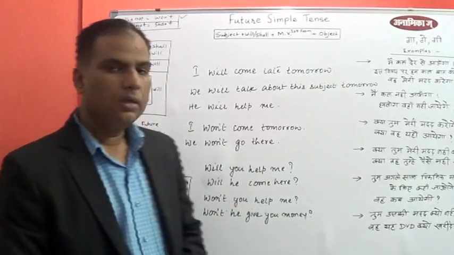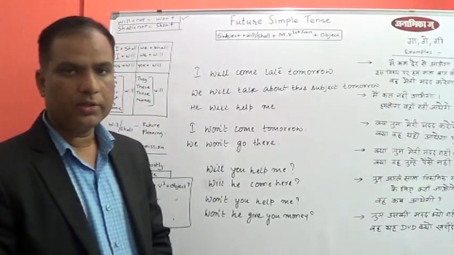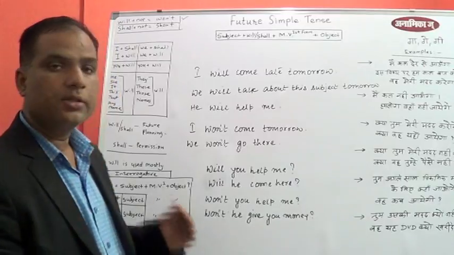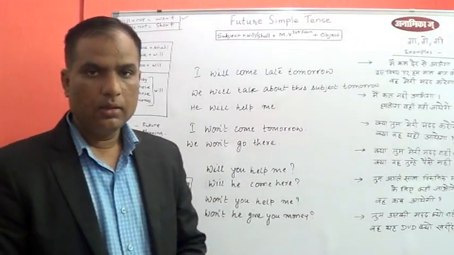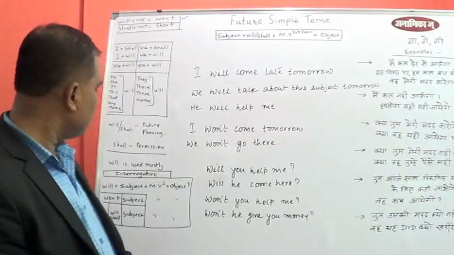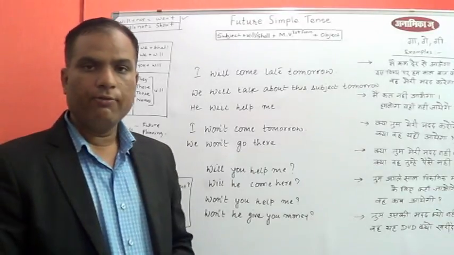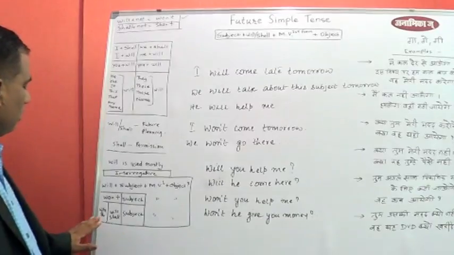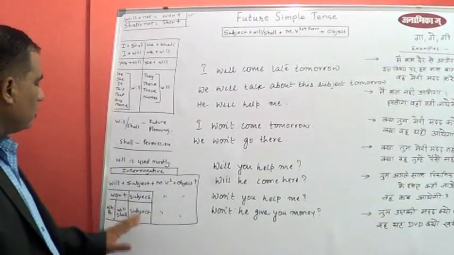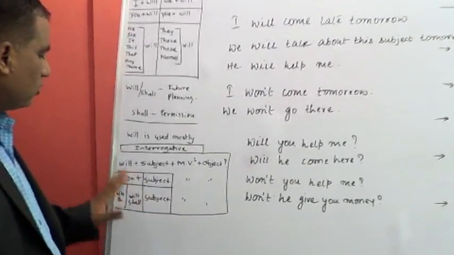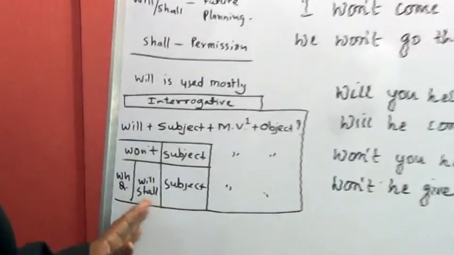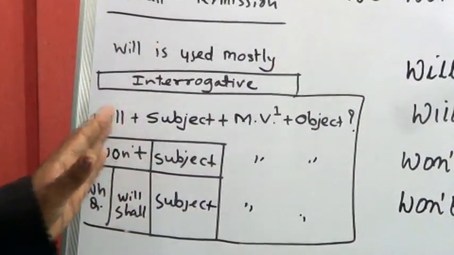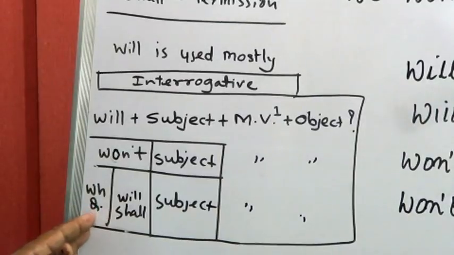Now let's see how to ask a question which requires certain information. We call them WH questions or fact-finding questions. So if you look at the structure, it is not very different from yes-no questions. फर्क सिर्फ इतना है कि will से पहले WH आ जाएगा.